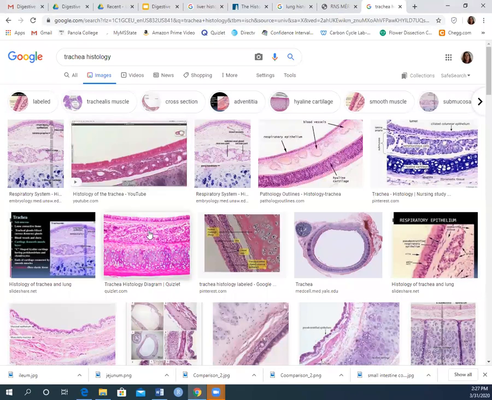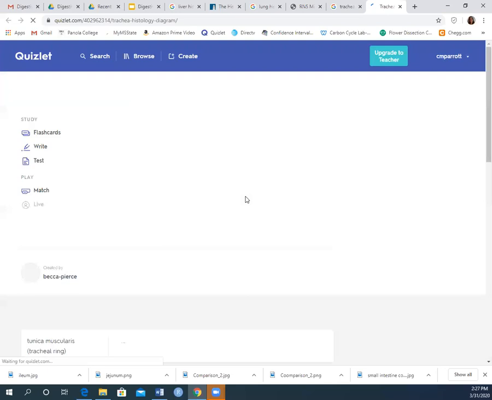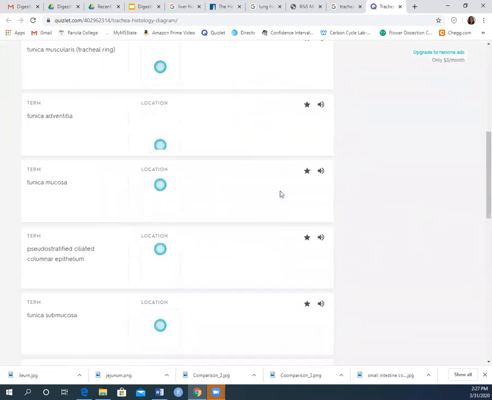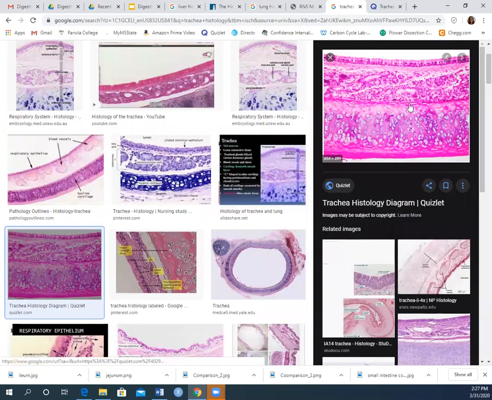Okay, so the trachea, I'm going to pull one up here. See it over on the right-hand side right there? Let me see if I can get it to blow up. Oh, well, it didn't want to blow up. Okay, so this is a trachea here. What you're looking for is at the very top of that trachea is pseudostratified epithelium that has a lot of cilia.